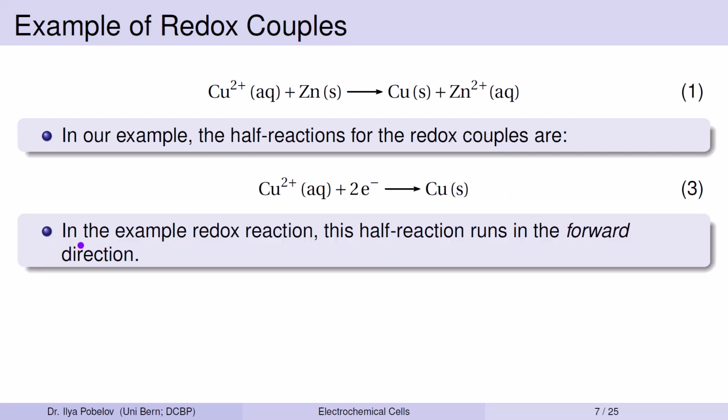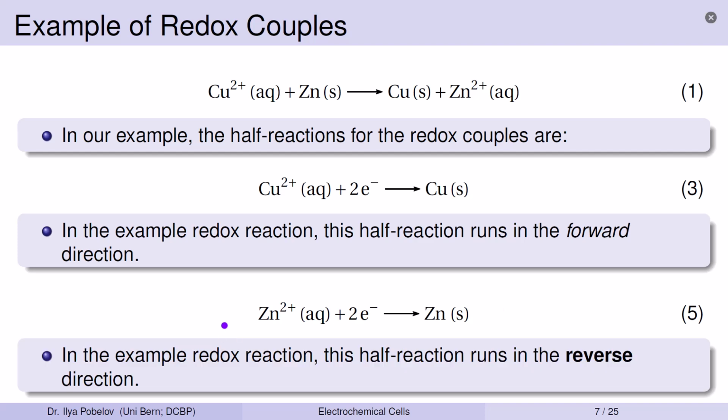In the example redox reaction considered before, this half reaction runs in the forward direction. For the zinc redox couple, the half reaction is Zn2+ plus 2 electrons produces a zinc atom. In the example redox reaction, this half reaction runs in the reverse direction.